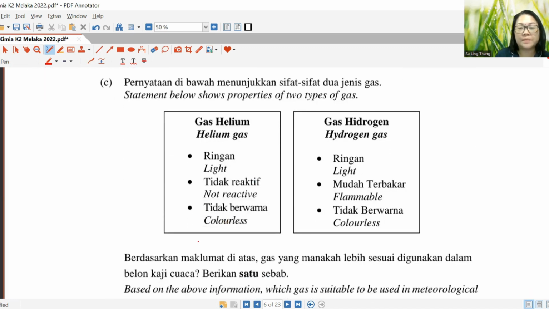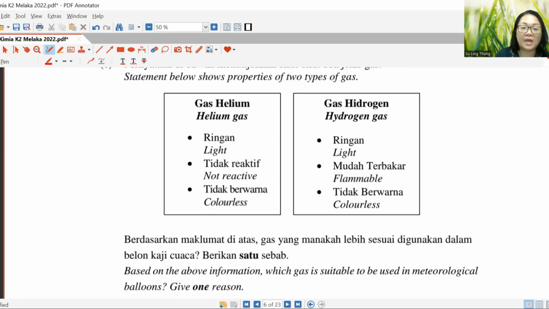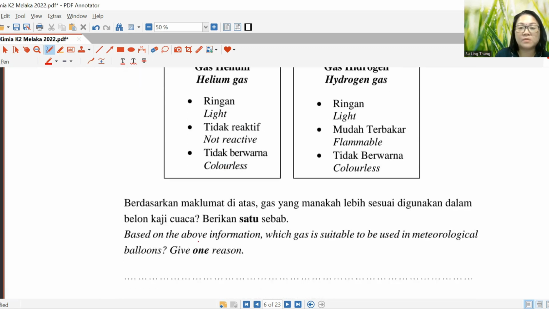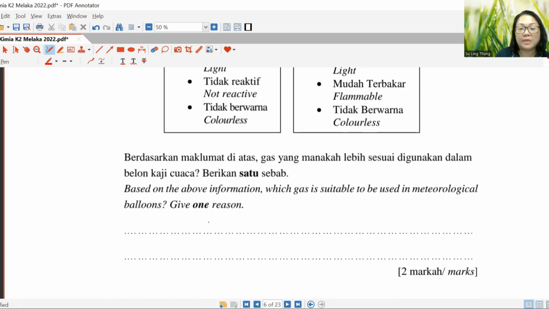Now C, let's look at C. The statement below shows properties of 2 types of gas. Helium is light, not reactive, colorless. Hydrogen is light, flammable, colorless. Based on the information above, which gas is suitable to be used in meteorological balloons? Give a reason. Normally in meteorological balloons, we will choose helium gas.